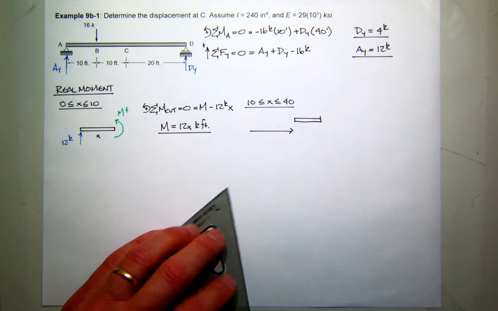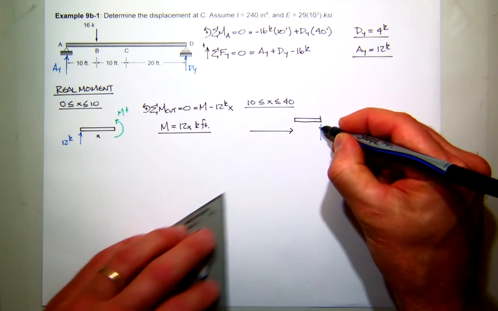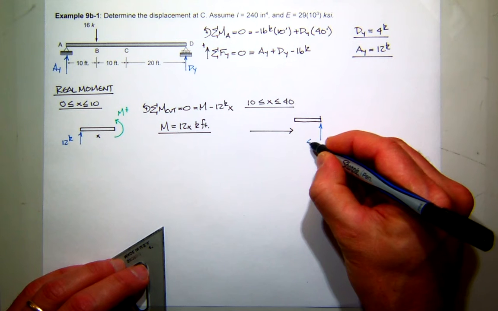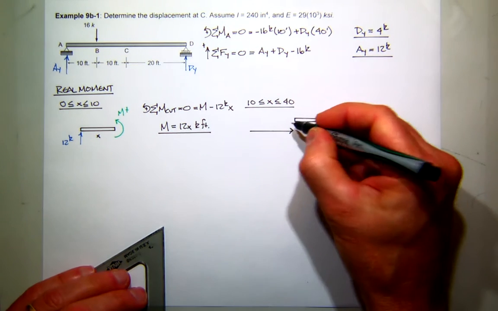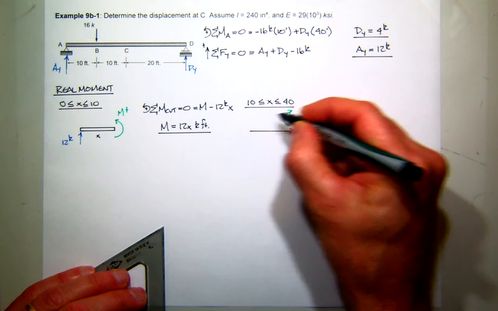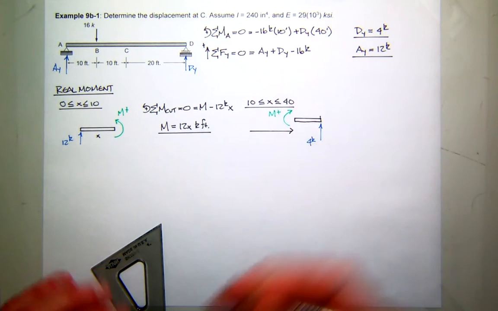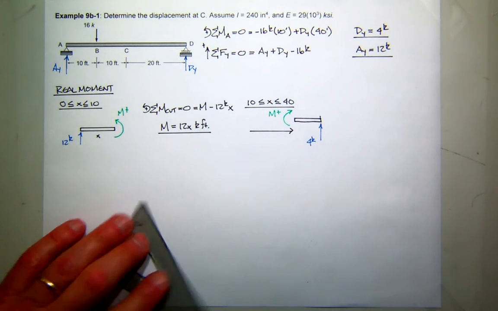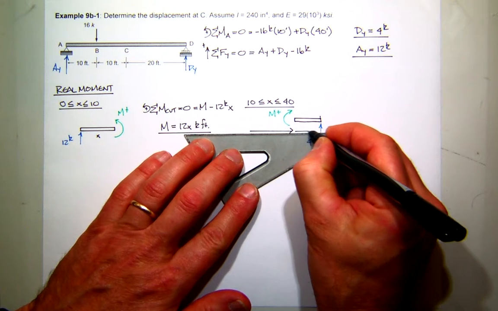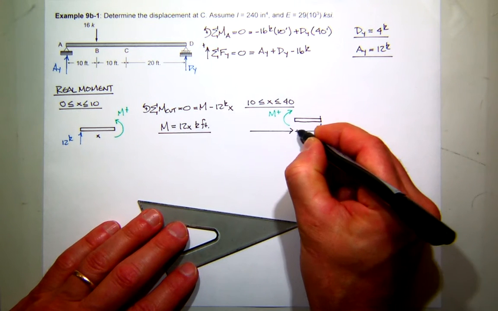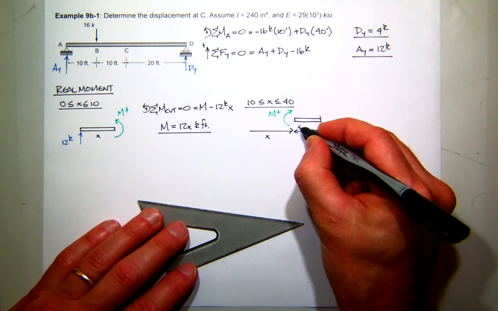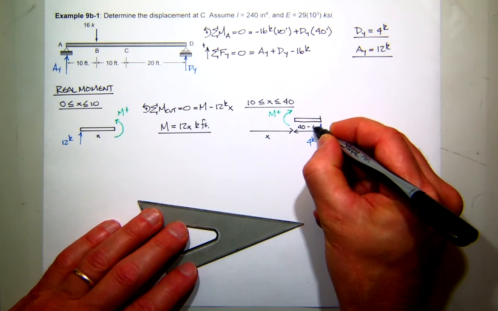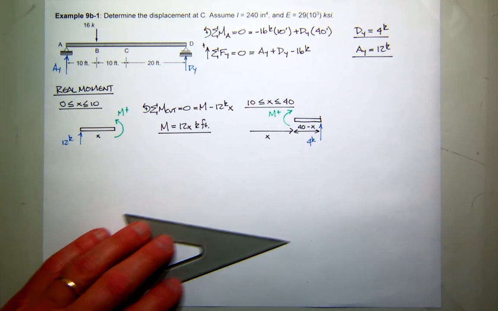On that side, DY is equal to 4. I'll still have my internal moment, which I'll draw again in the positive direction. And I have momentarily left out the length of that segment. So it's x to the cut, so this should be 40 minus x.